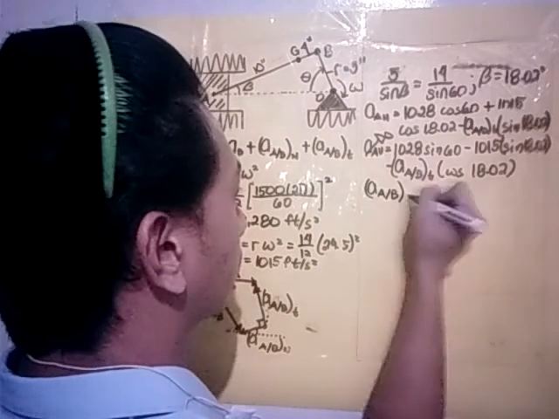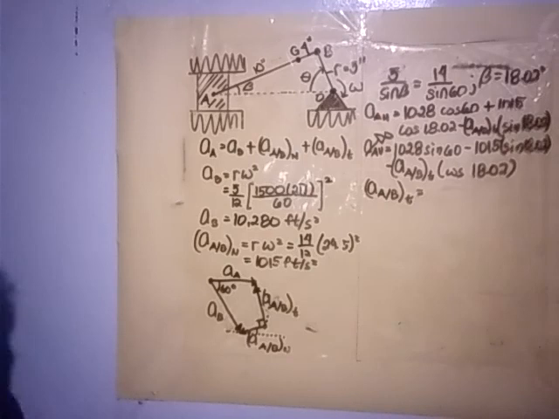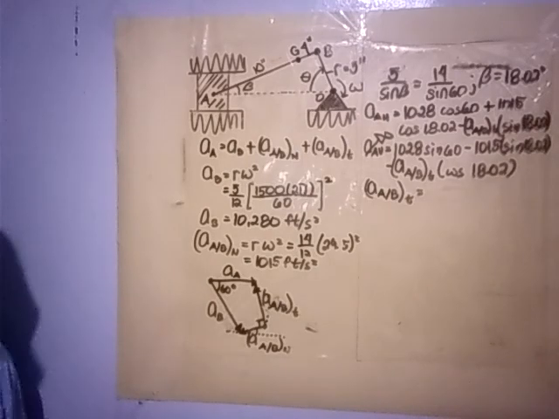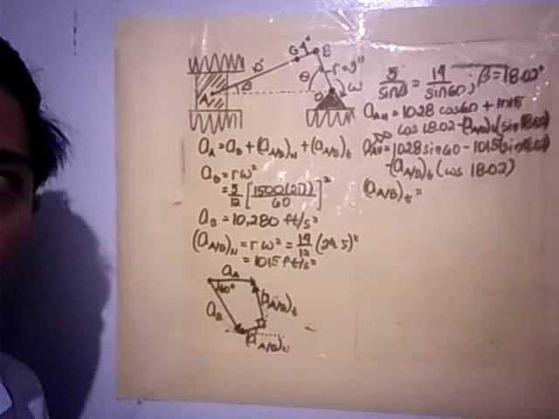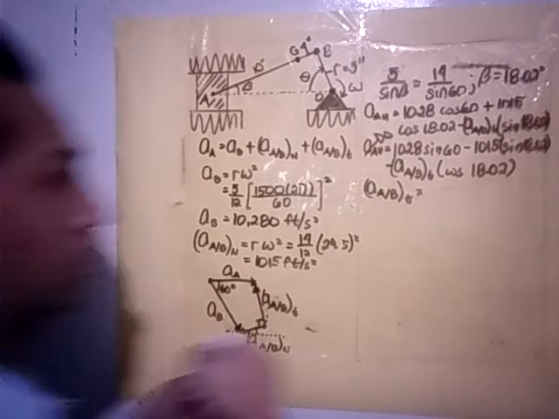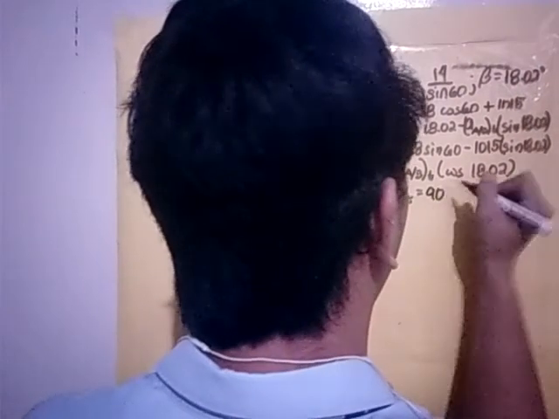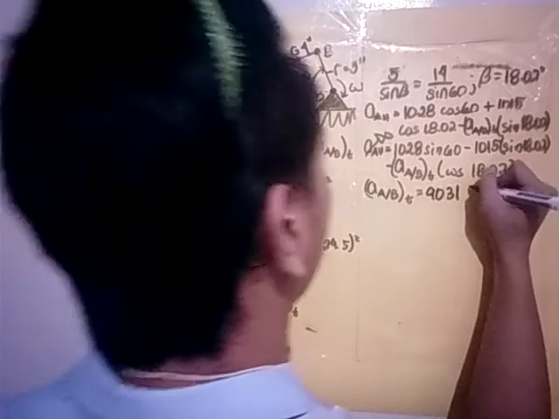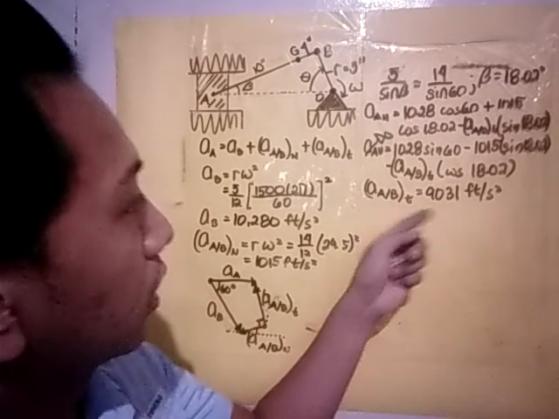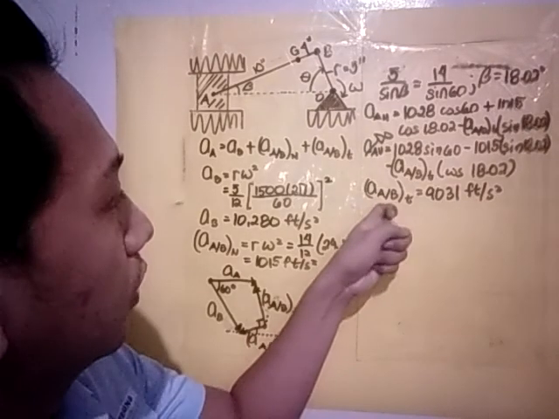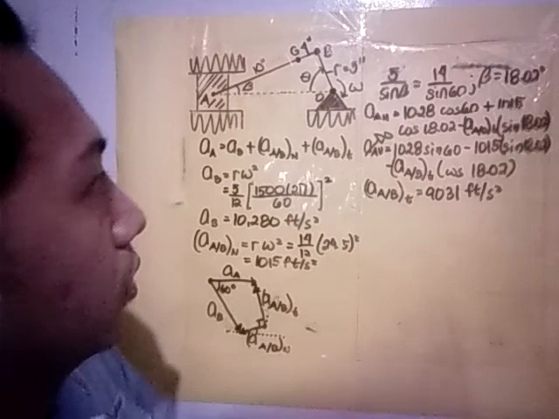So now our AB relative tangential is equal to 90.31 feet per second square. So we now calculated the value of our AAB tangential.